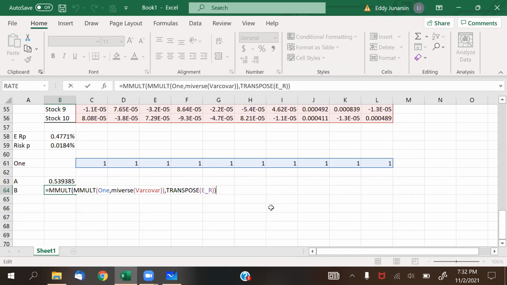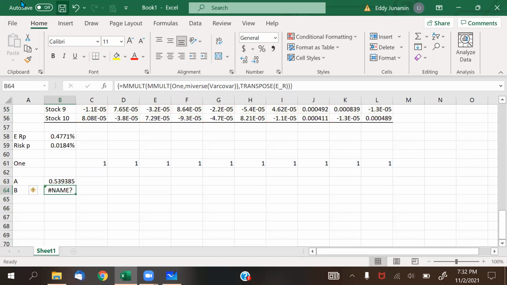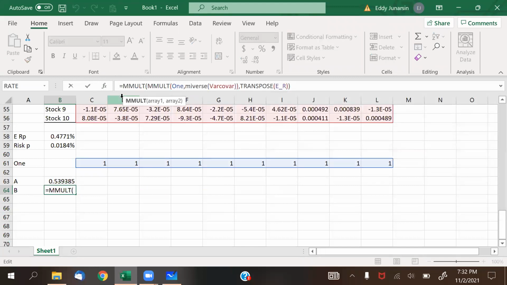Maybe you have to press Ctrl+Shift+Enter. Let me rewrite it to make sure.